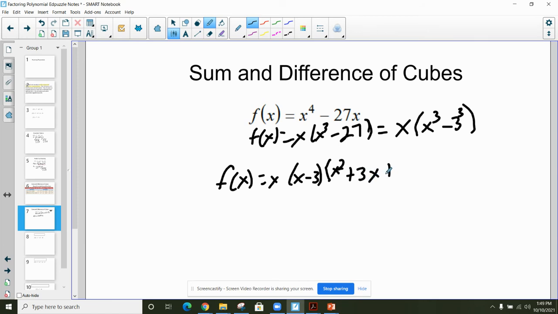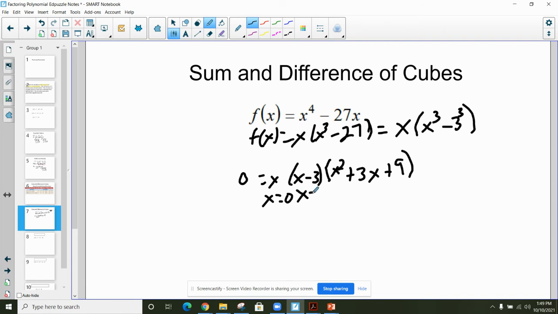And then always positive, b squared, so 3 squared is 9. And so this is the complete factored form of this problem here. So if I were to, same as the last 2 problems, set this equal to 0, 2 of my answers are going to be easy to come by. The factor for x, that's just x equals 0. For x minus 3, it's just x equals 3.